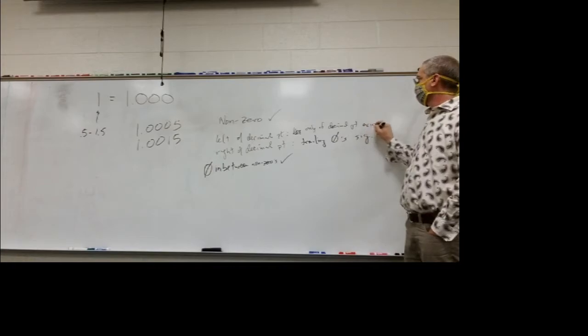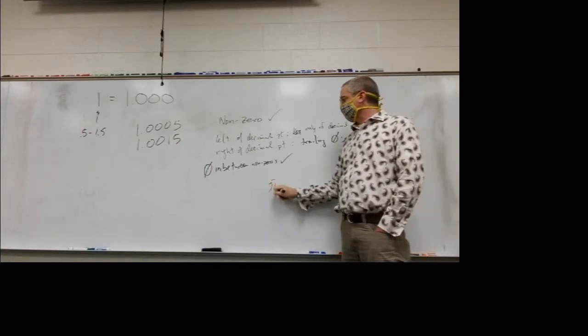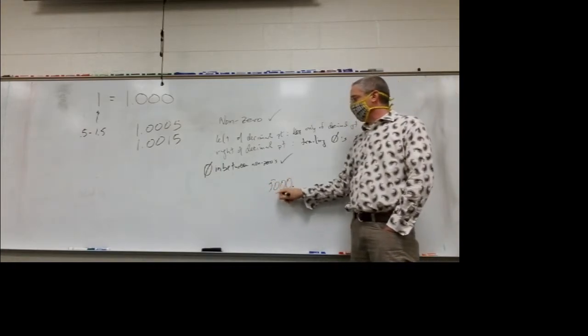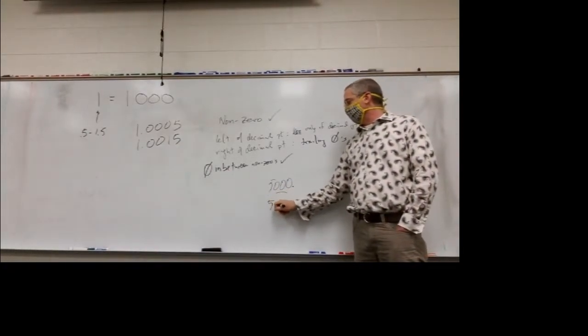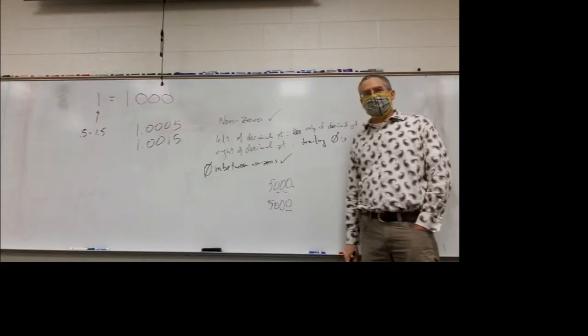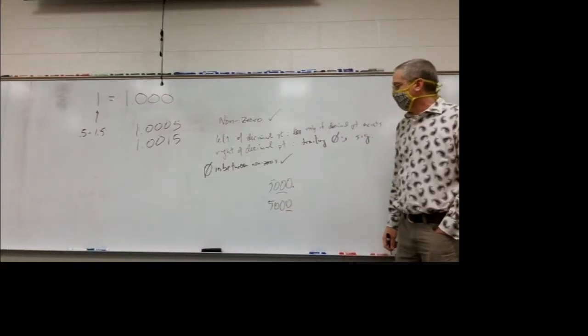So if I have 5,000 with a decimal point there, those zeros are significant. Sometimes that will be written as 5,000 with that zero underlined to emphasize that it is significant.